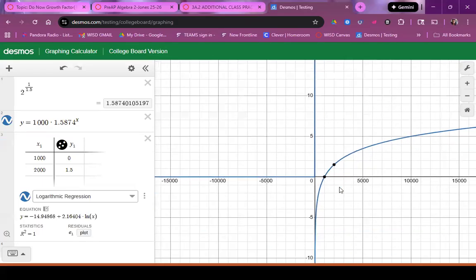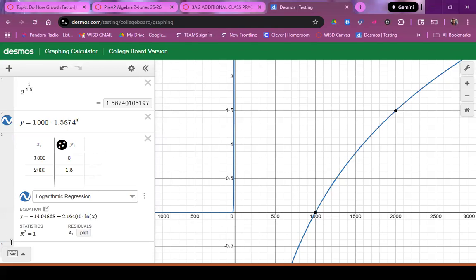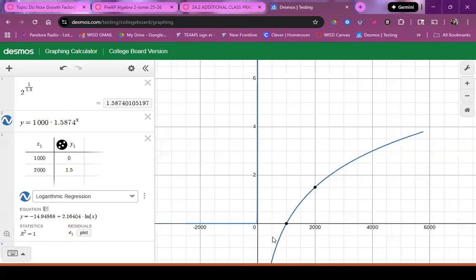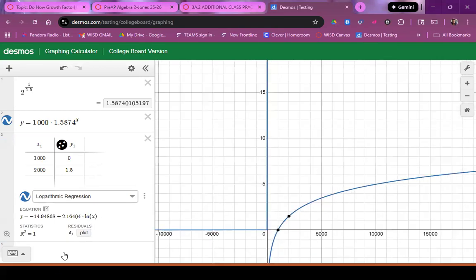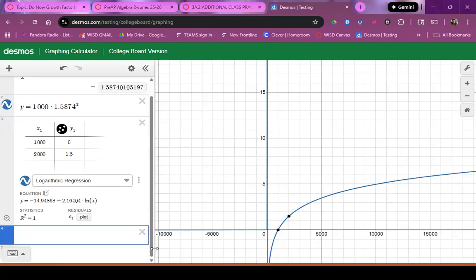So in order to adjust this, we have to type in our own log model for ourselves. We have y1 tilde. That's what it's called. And we're going to type it in so that we can get a log model, which is going to be A plus B log of x1.